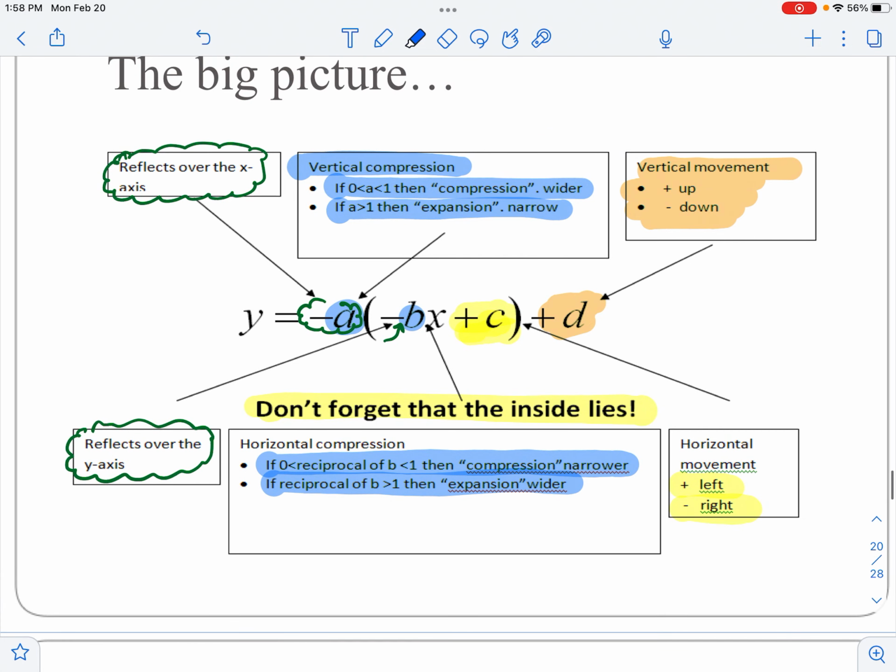But the general rule of thumb is any number in front of my x squared or x to the third, if this number is greater than 1, so if it's 1 or higher, then the graph is going to be narrower, vertically stretched. If this is a fraction, so 1 over a number, then our graph is going to be much wider than it was previously.